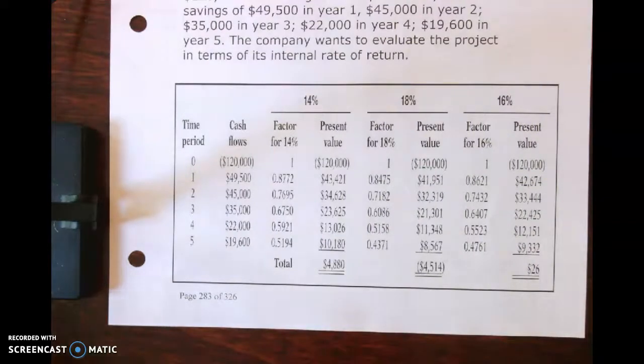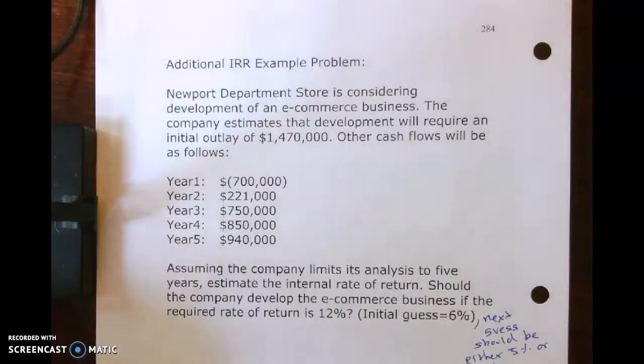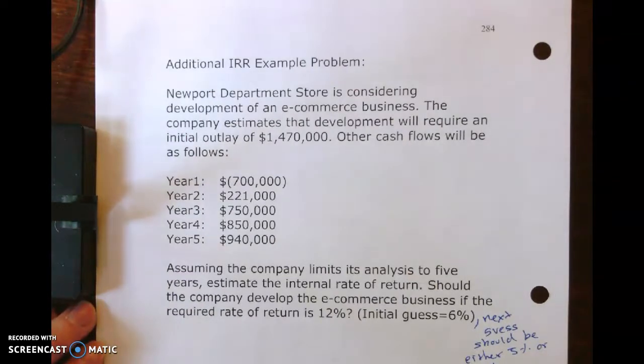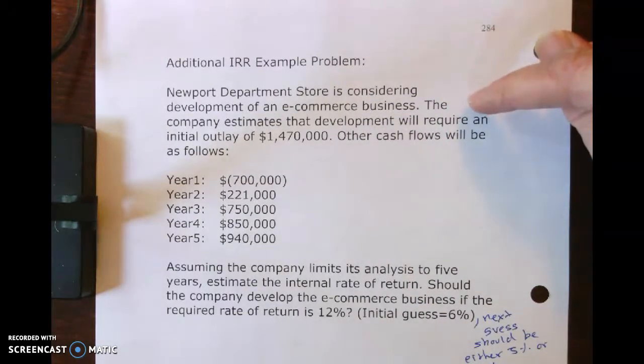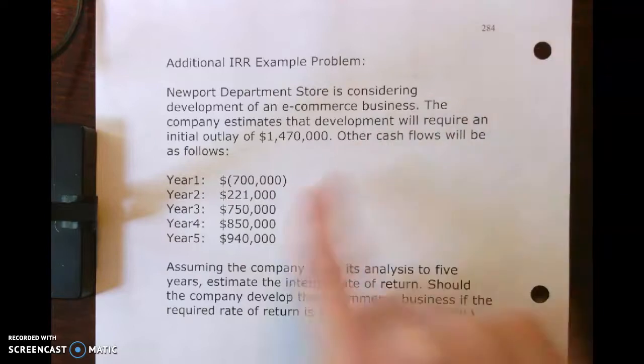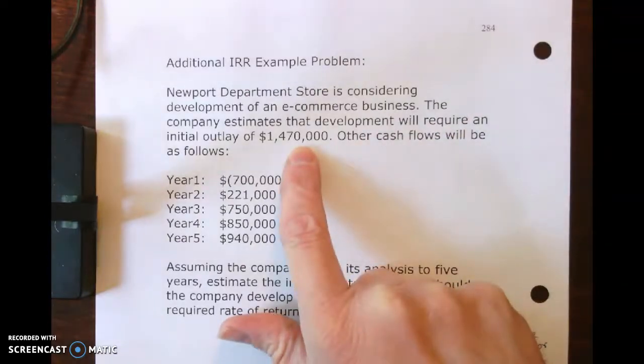Okay, so moving on to page 284 of your course pack, here's a problem. Let's take a quick look at it, and I want you to pause the lecture video and try this yourself, and then we'll check the answer together. Newport department store is thinking about developing a new e-commerce business. The company estimates that it will require an initial outlay of $1,470,000.